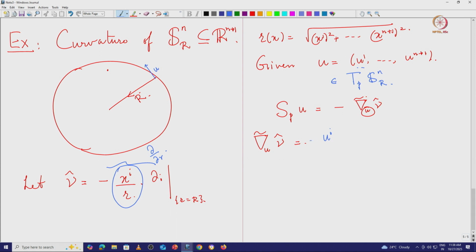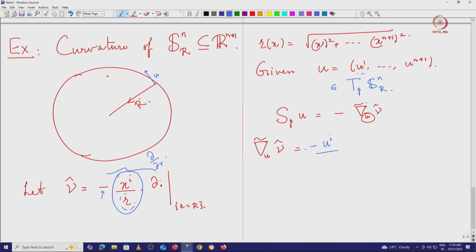Okay, there is a minus sign because I am looking at the inward normal, and then ideally of course by product or quotient rule you will also differentiate r, but you are looking at a vector that is tangential to the sphere. So on the other hand r is a constant on the sphere, right, r is equal to capital R. So if you differentiate in a tangential direction, that derivative would be 0. So for product rule you only have to differentiate the numerator and you get something like this.